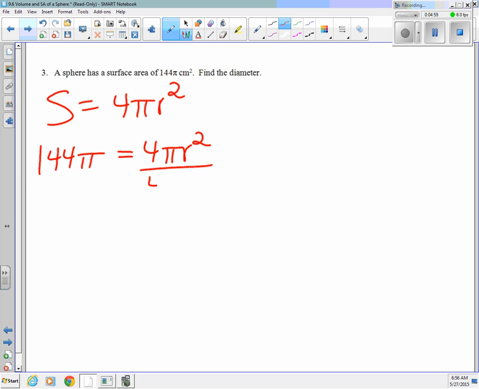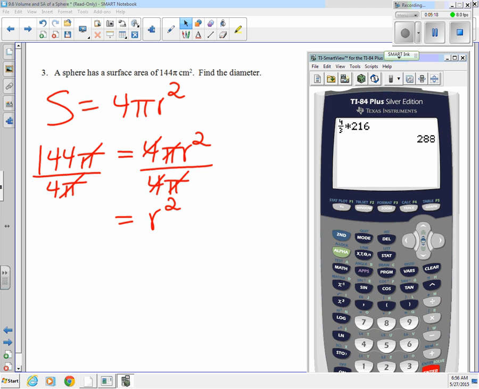So I can solve for the radius by dividing by 4 pi. The 4's and the pi's divide out to 1. So I get r squared equals, here the pi's divide out to 1, and 144 divided by 4, I can do on my calculator, or you can do it in your head. 144 divided by 4, I get 36. So now I get 36 as r squared.